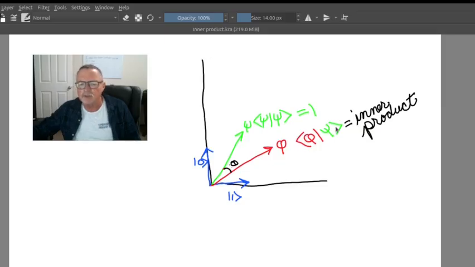I haven't talked too much about those yet, but let's just go ahead and jump in and use them. If I take the inner product of the same state, then I just end up equaling 1. If it's not 1, then this inner product will tell us something about the probabilities between these two.